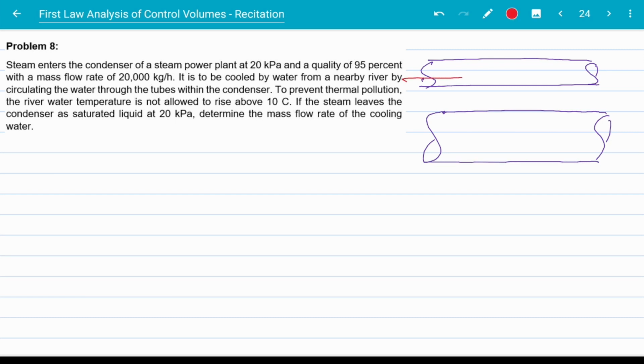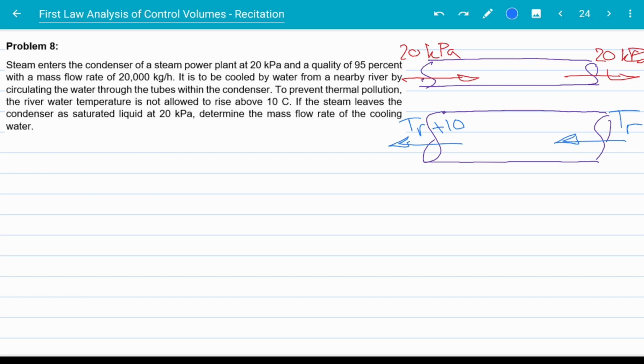Now steam is entering here and exiting at 20 kilopascals, while the water enters and exits from here, and it enters with the temperature of the river, and it exits with a temperature of river plus 10 degrees Celsius, because that's the highest temperature rise allowed.